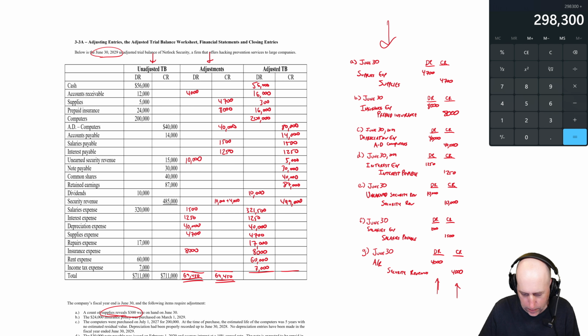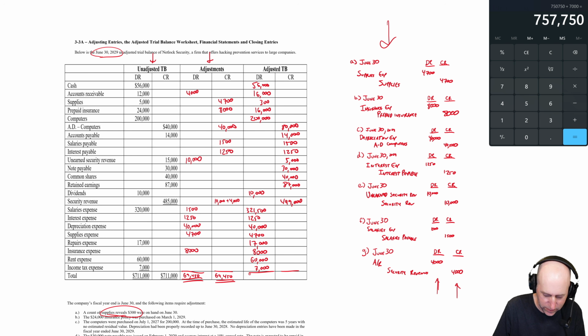I'm just adding up the debits, plus 321,500, plus 1,250, plus 40,000, 40,000, plus 4,700, plus 17,000, plus 8,000, 8 plus 60, plus 7. So I land on 757,750. What a funny number.